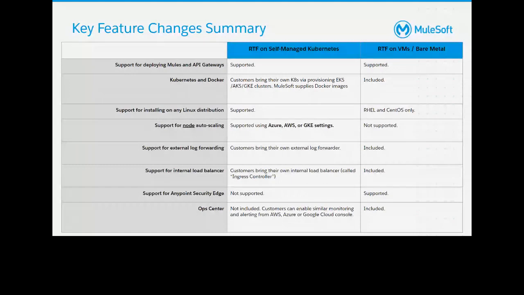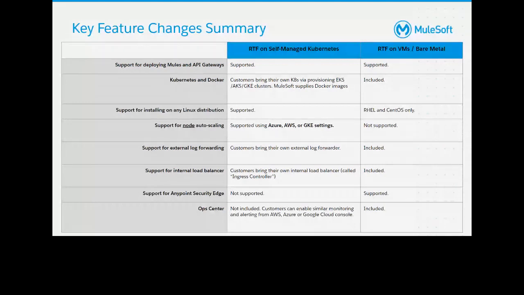Similarly, for an internal load balancer, in the appliance model, it is included within the RTF cluster. It sits within the controller node. In the self-managed Kubernetes model, it is the customer's responsibility to install an Ingress controller, which could be anything that is compatible with your AKS, EKS, or GKE environment, like Nginx, HAProxy.